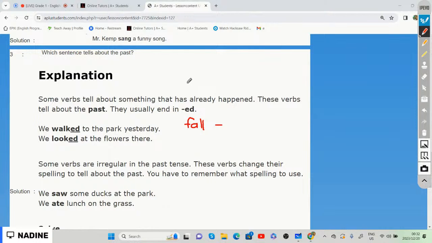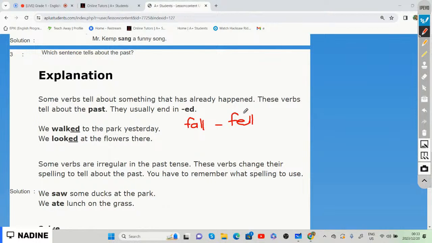What is the past tense of fall? If we look at the past tense of fall, we can say it is fell.